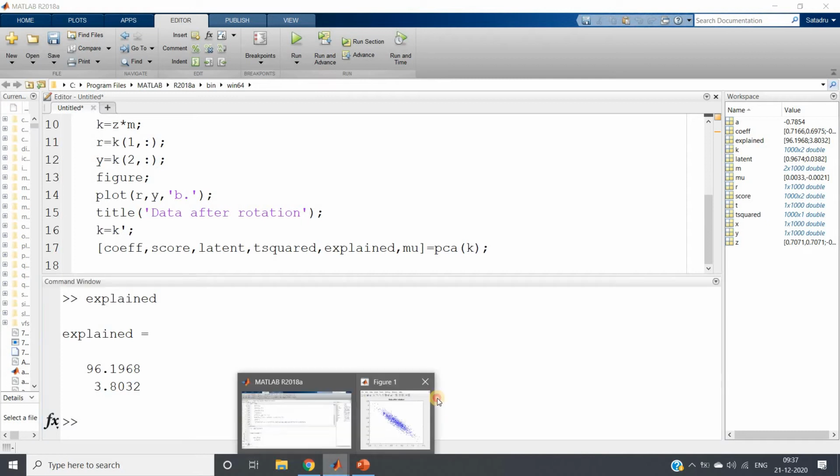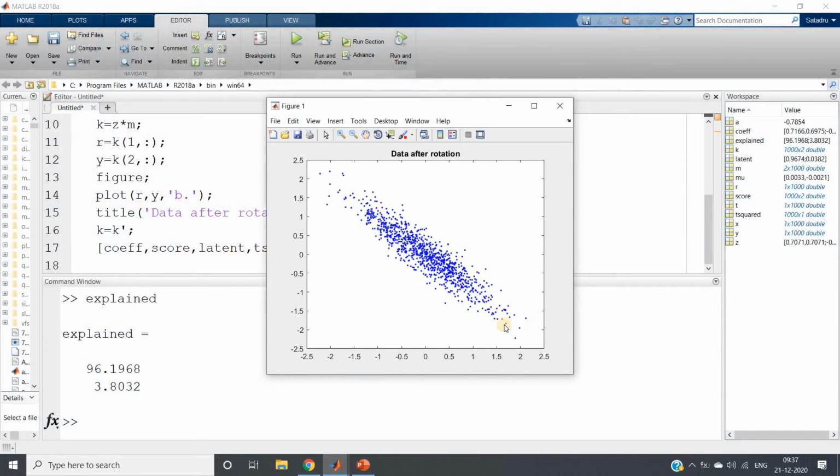This indicates that the first principal component, which will obviously be along this direction, because if you project all these data points on a line along this direction, the variance will be maximum, explains 96.1968 percent of my total variance. And the next one, 3.8032 percent, is perpendicular to our first principal component, along this direction.